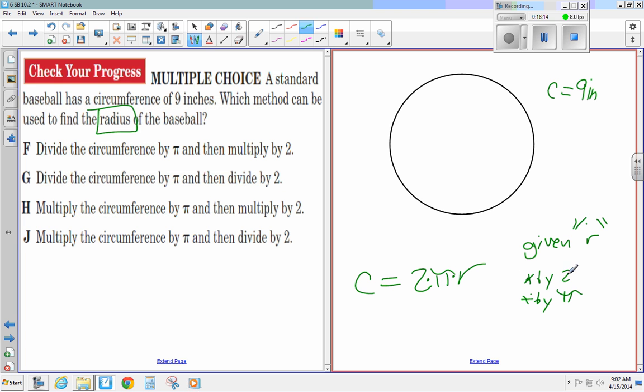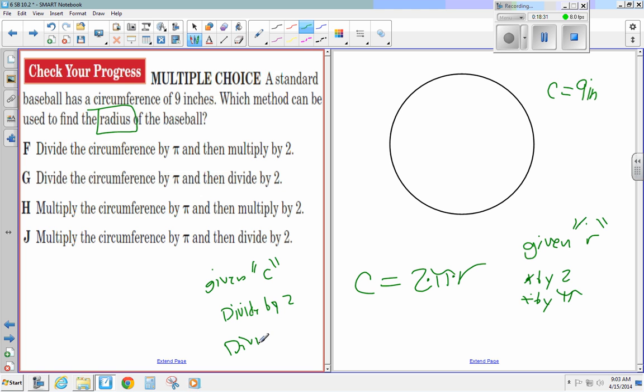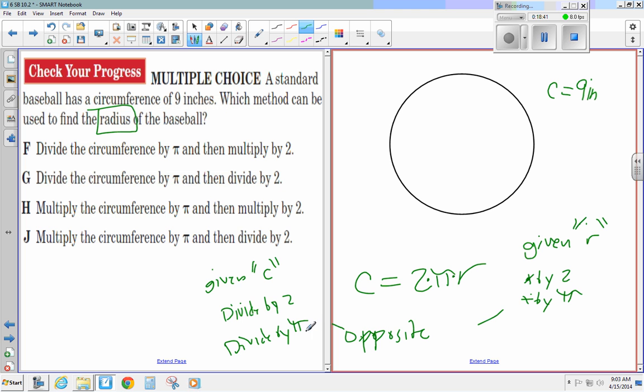So instead of multiplying by 2, given c, we should then divide by 2 and divide by pi, because it's the opposite of what we need to do. So divide the circumference by pi, then divide by 2. So my answer should be G.